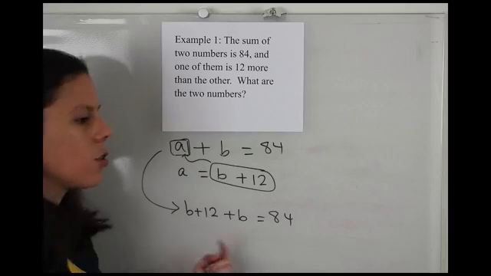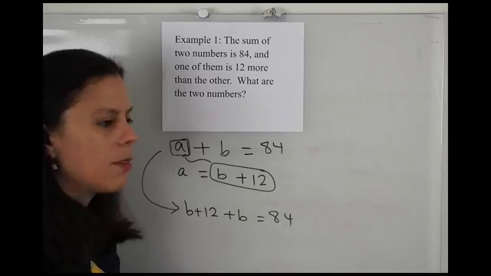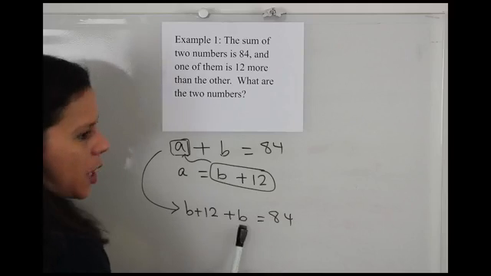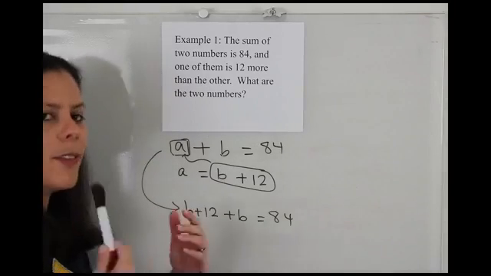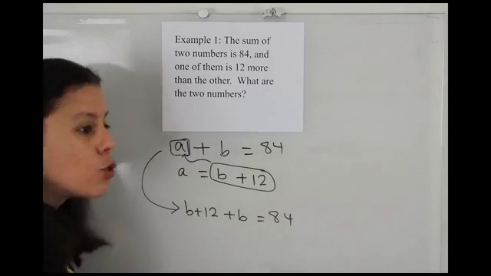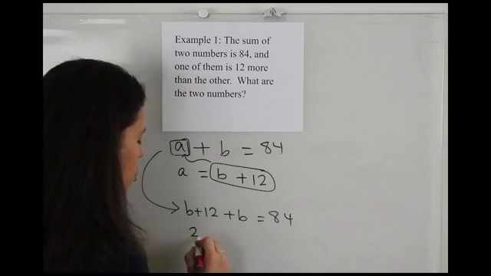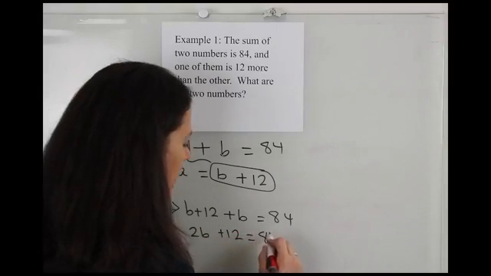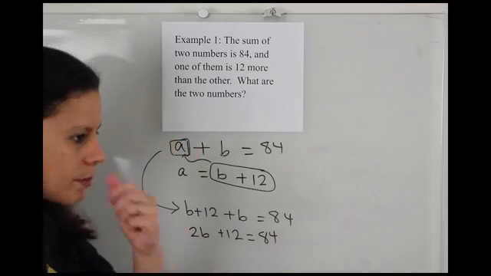So B plus B, right? Every time I'm adding or subtracting, I like to think of them as boxes. It's like I have one box plus another box. Now, how many boxes do I have? I have 2 boxes, right? So it's 2B. All right, so 2B plus 12 is going to be equal to 84.